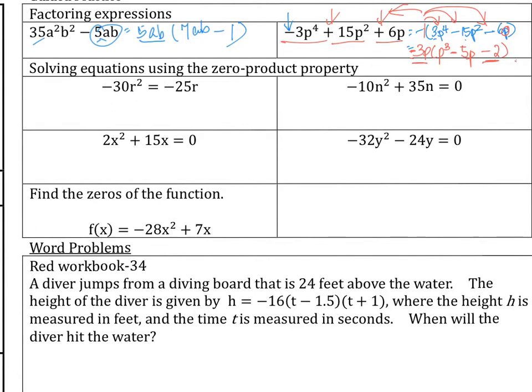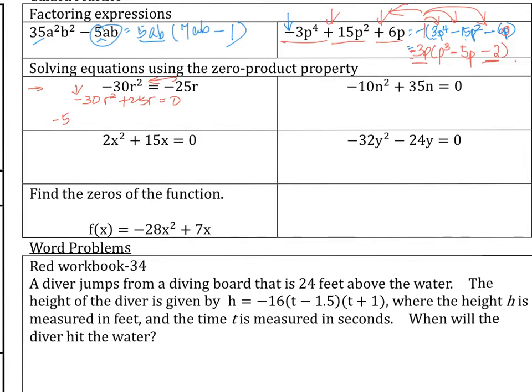Okay, now we have to solve equations using the zero product property. So as I said earlier, when you get an equation like this, you need to rewrite it so that it's 0 on one side. Negative 30r squared plus 25r equal to 0. So I move this over. Now I need to factor out the numbers and the negative sign too, and that would be negative 5.